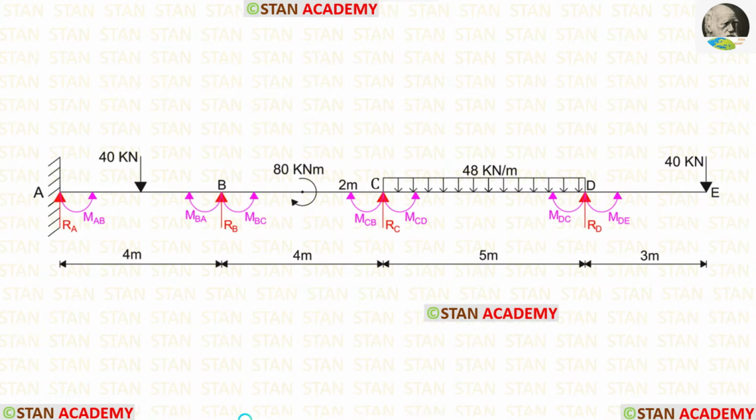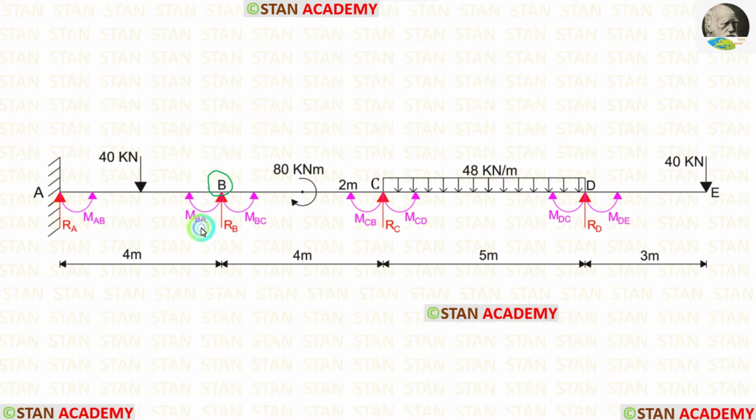In this beam, there are 7 moments we have to find. In the point A, there is a fixed support. In the fixed support, there will be a moment. Here, the moment is MAB. In the joints, there will be 2 moments.